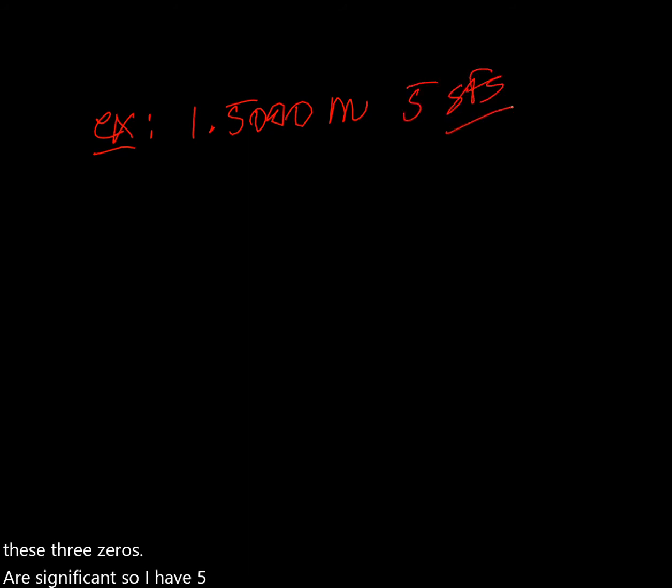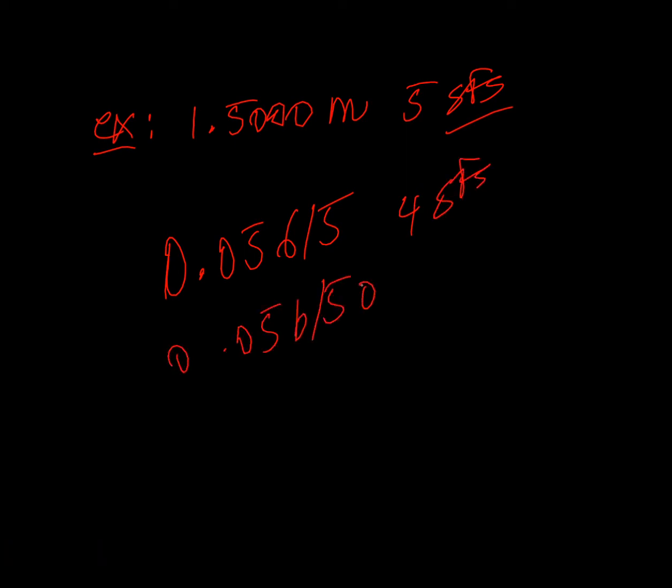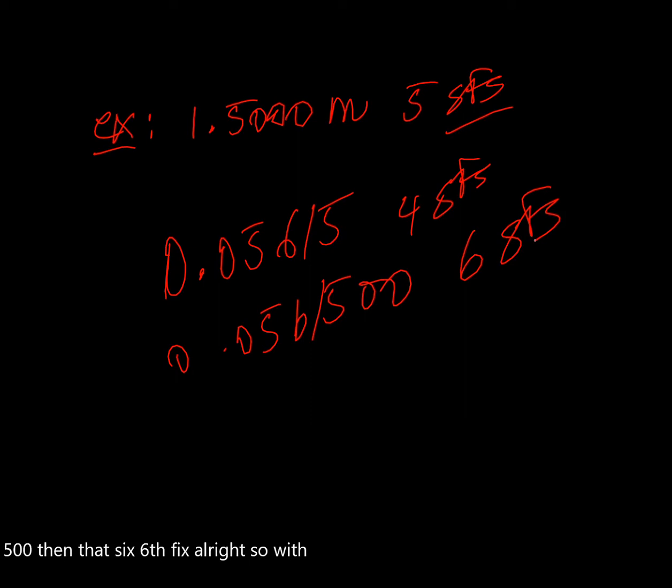Or I can have 0.05615, so I have 1, 2, 3, 4 sig figs. Those are 4 sig figs. 0.0561500, then that's 6 sig figs. So with the decimal point, the trailing zeros are significant.